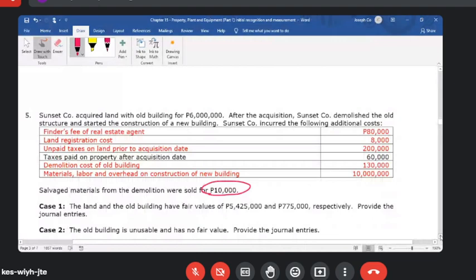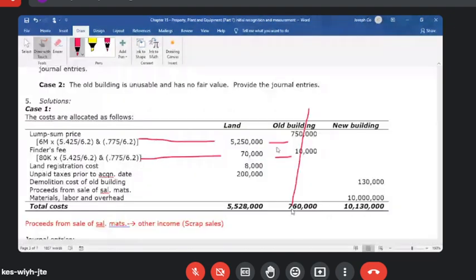First, no, we purchase a land and then the land, meron siyang old building na ka-attach. I-allocate natin based on the respective par value. Finder's fee, in-allocate natin. And then, pag gigibain na to, no? Dapat pag giniba na yan, loss na to.